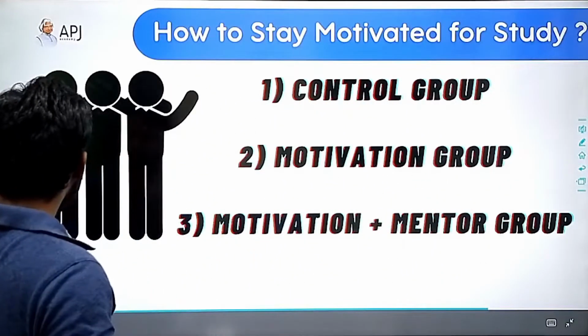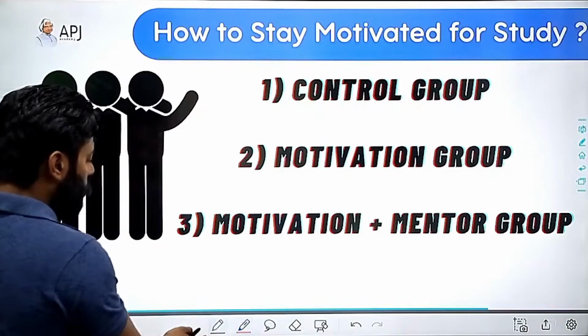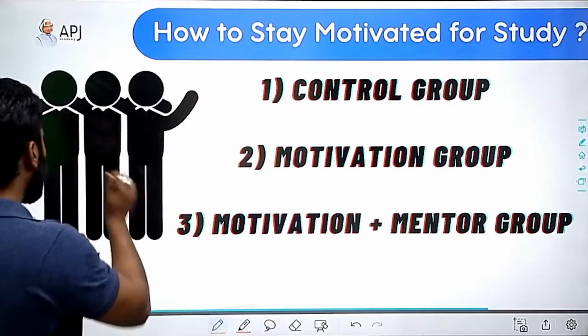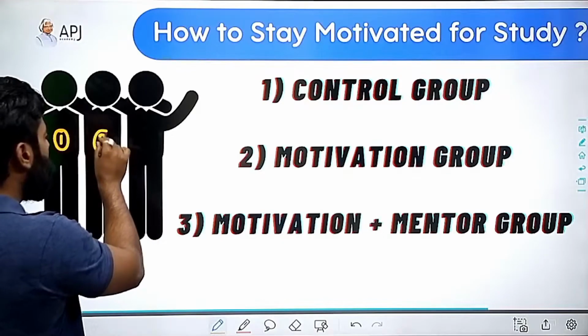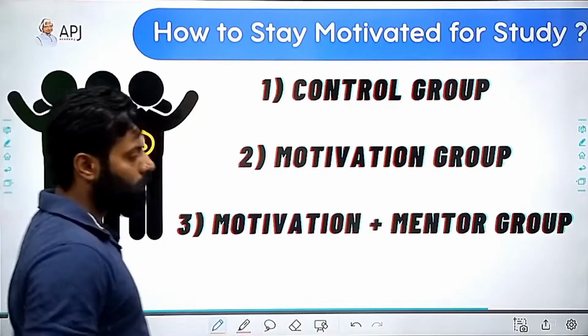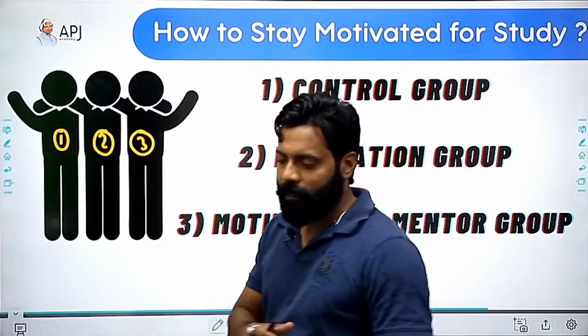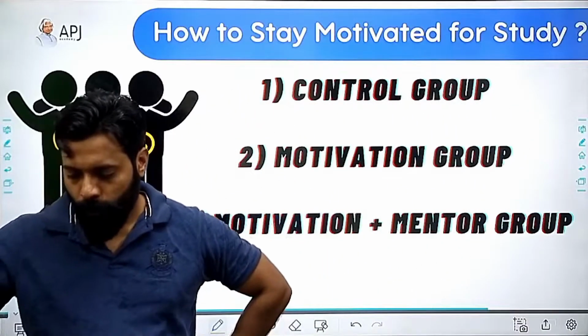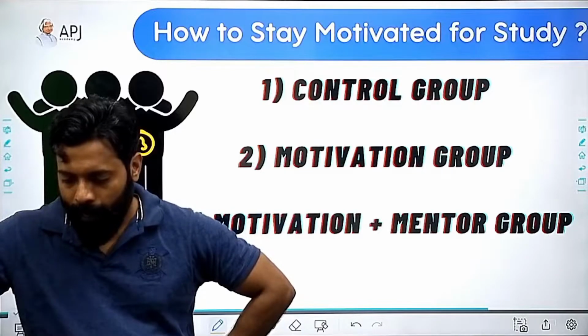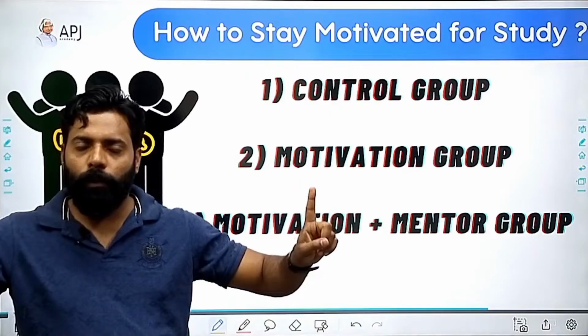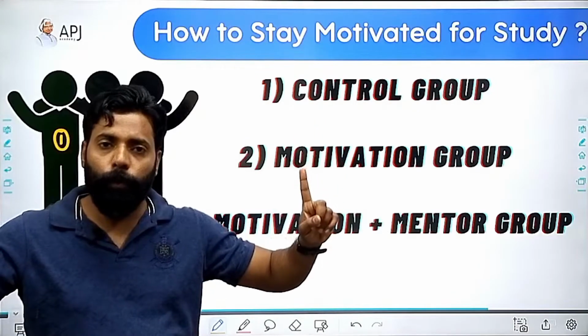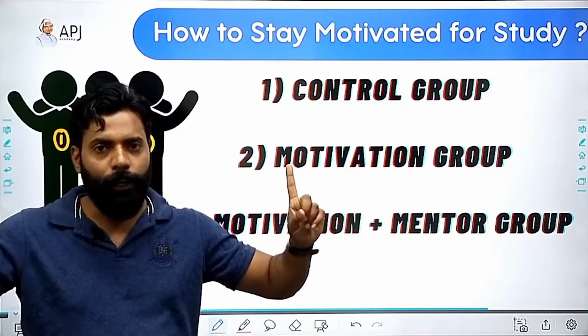Tell me, out of these three groups, which group do you think will perform better, or will all groups remain the same? Tell me, please. Okay, Tejas, Madhu. There are three groups. The first group is the control group, which is only advised that they need to go to the gym.